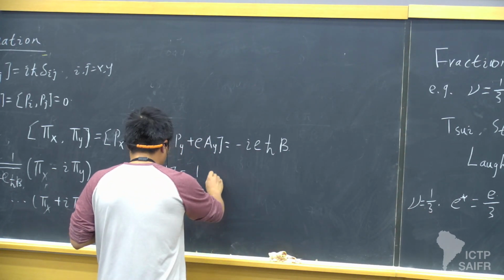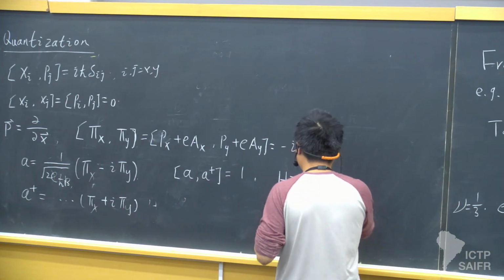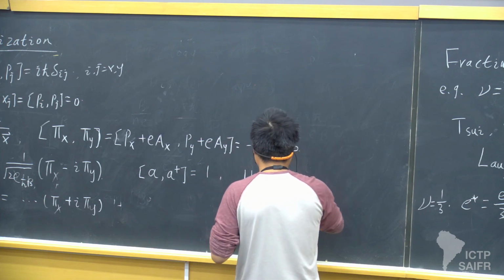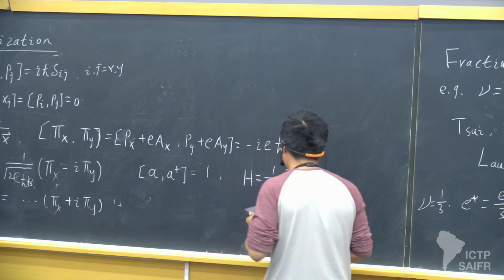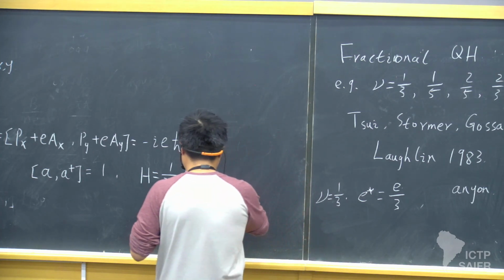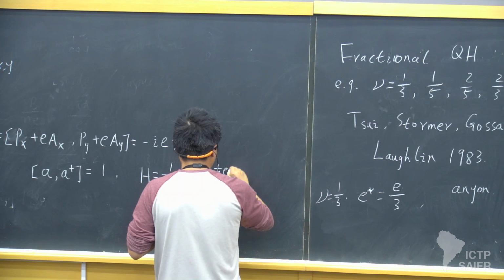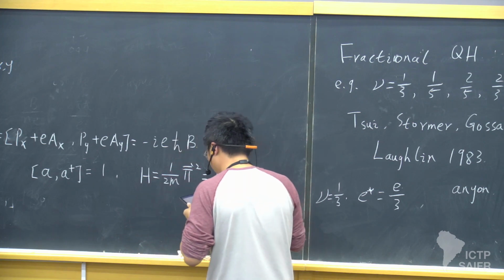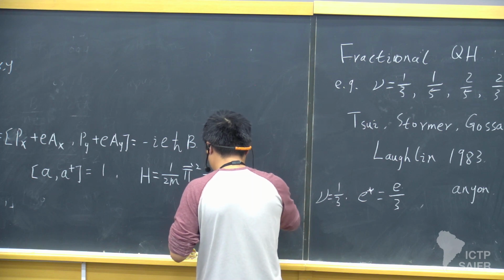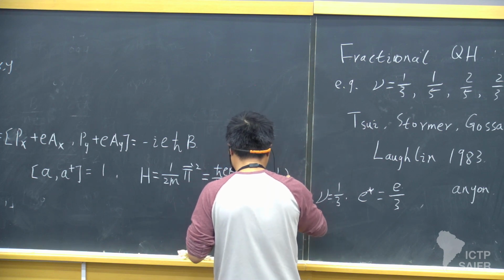Right, and more importantly, for the Hamiltonian, which is the square of the mechanical momentum, with a one or two line computation you will realize that it equals h bar times e times B over m, times a dagger a plus 1/2.